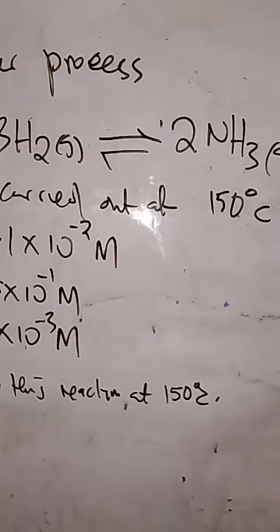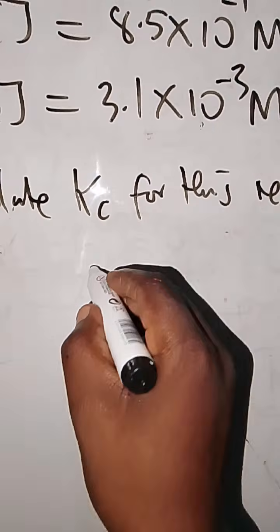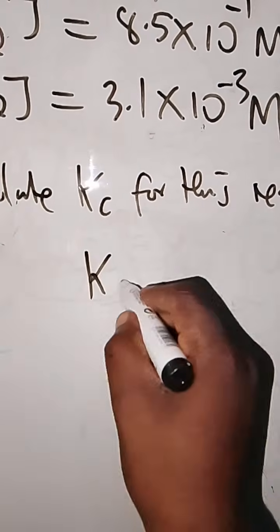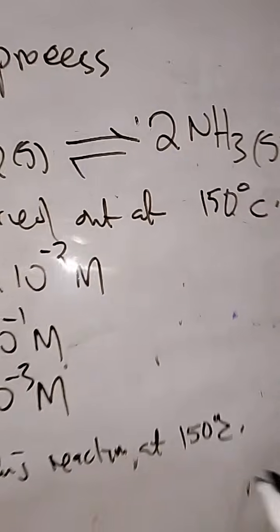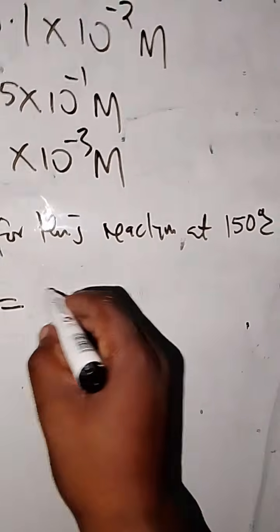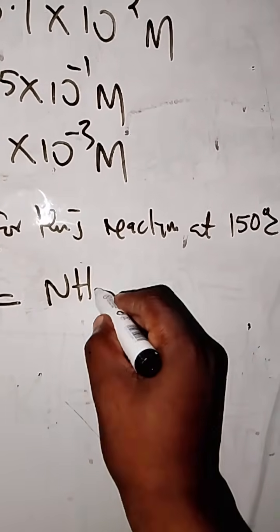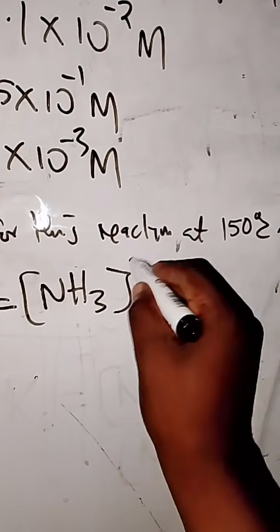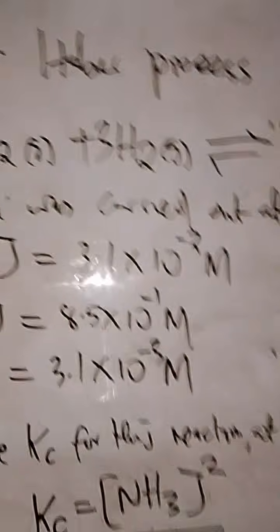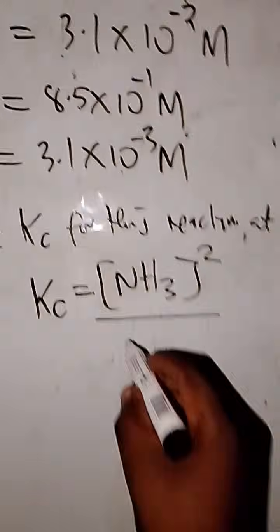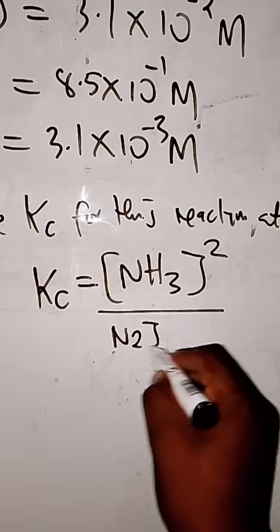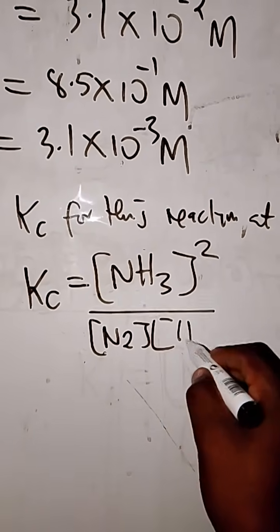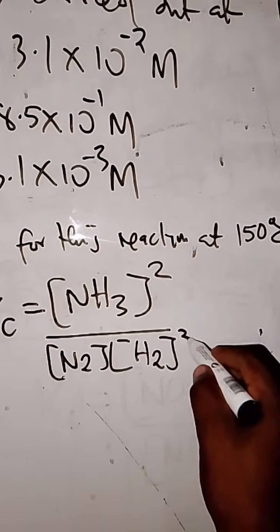To calculate Kc for this reaction, we need to write the equilibrium expression using the equation given. In this case, Kc will equal the concentration of ammonia squared over the concentration of nitrogen times the hydrogen concentration cubed.